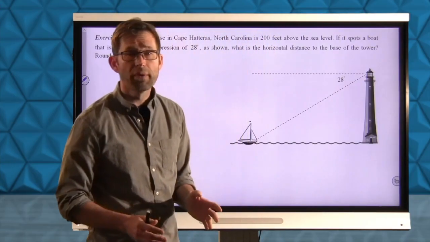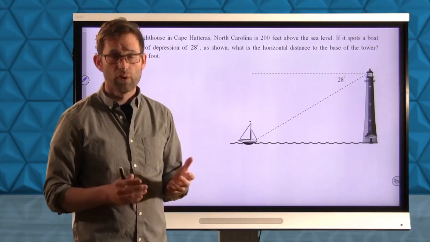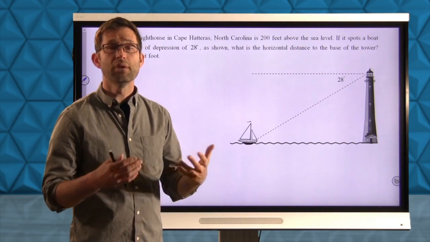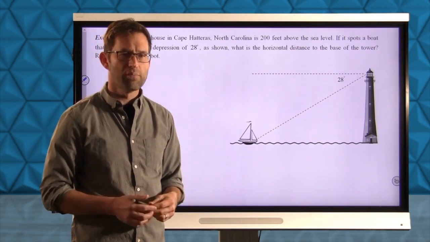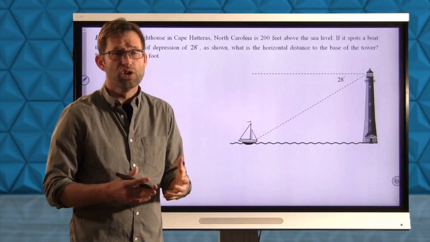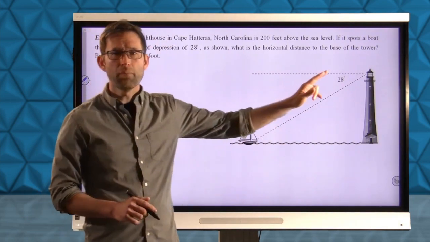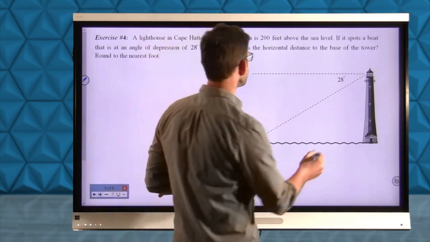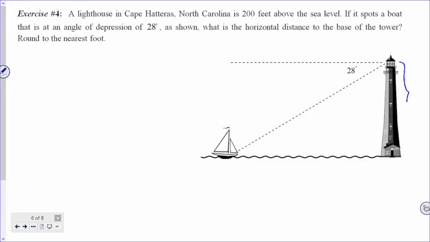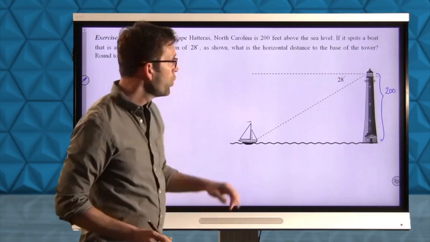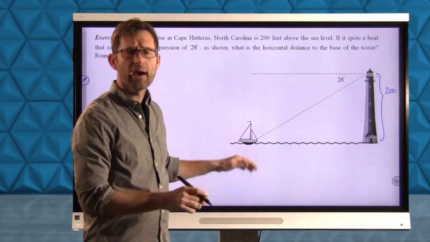So this is kind of cool because it really is something that used to be done. Again, nowadays with GPS everywhere, maybe not as much. But it used to be that people at the top of a lighthouse, which we know is 200 feet above sea level, would spot a boat way down in the water.